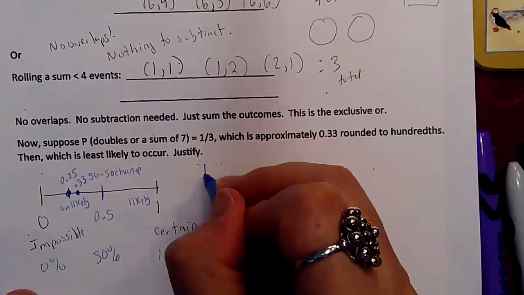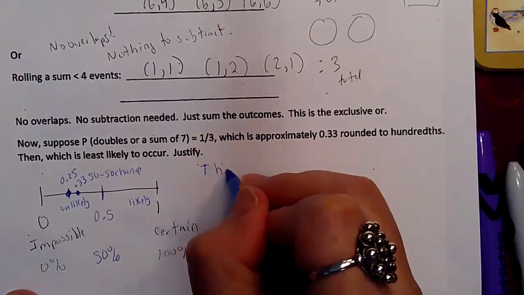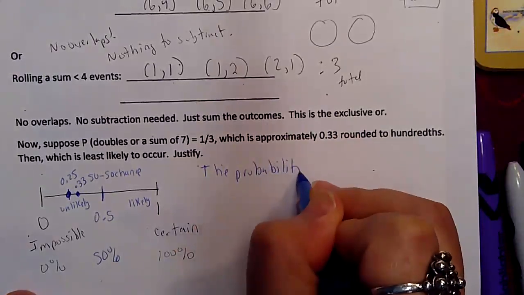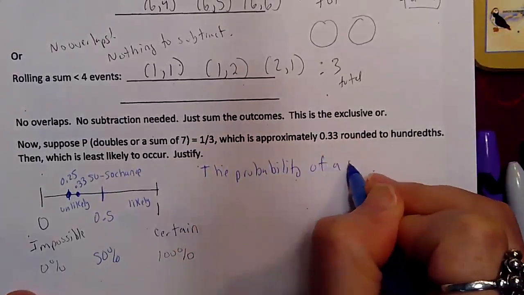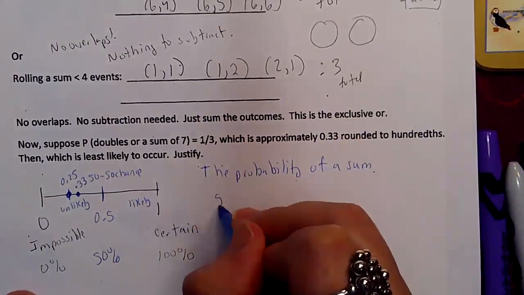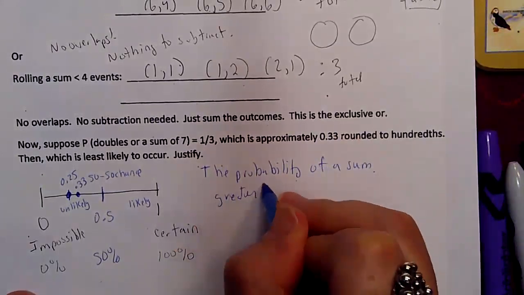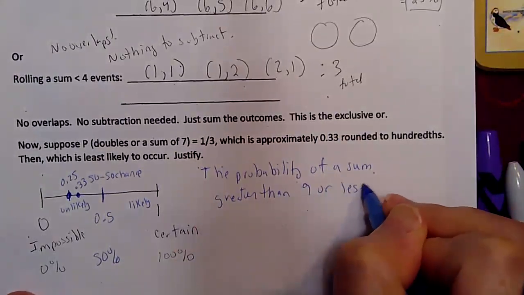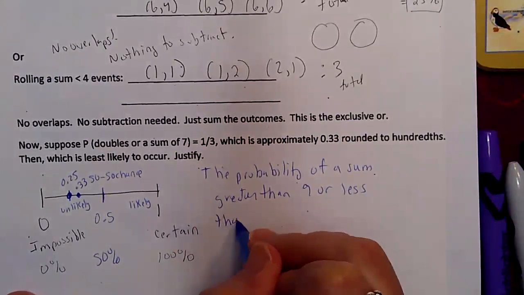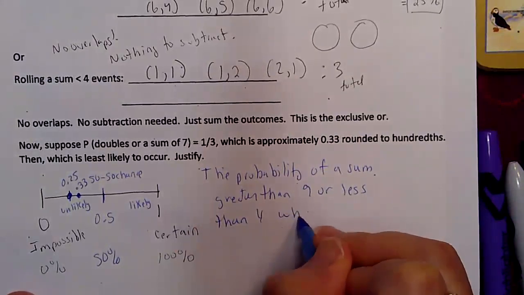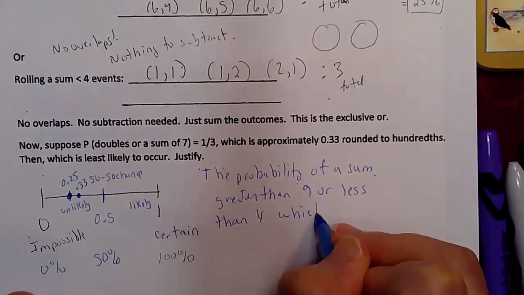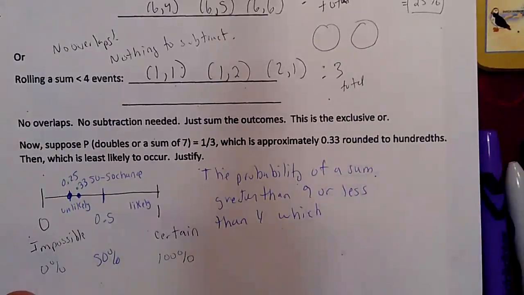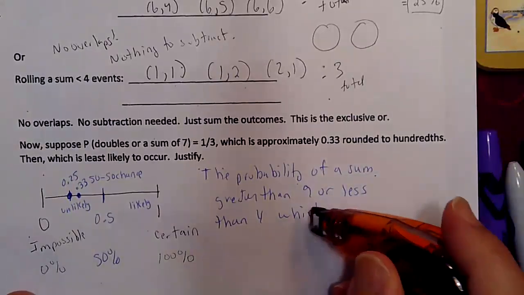So the probability of a sum greater than 9 or less than 4 is least likely to occur.